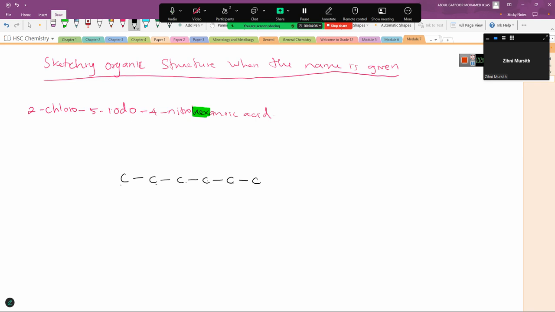We have an oic acid, so we number it from the acid end, though you can number it the other way also. First we write down the functional group, oic acid, C double bond OH.